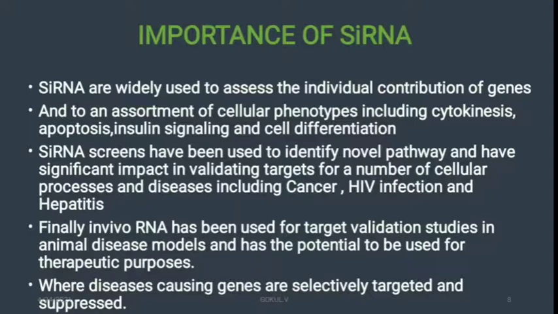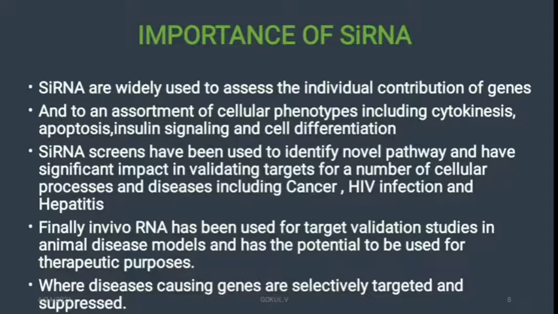Next, siRNA screens have been used to identify novel pathways that have significant impact in validating targets for a number of cellular processes and diseases including cancer, HIV and hepatitis. Finally, in vivo RNAi has been used for target validation studies in animal disease models and has the potential to be used for therapeutic purposes where disease causing genes are selectively targeted and suppressed. Example, cancer.